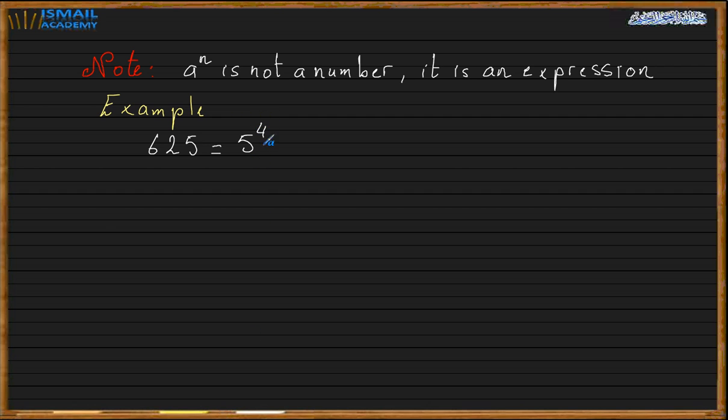So 625 is the fourth power of 5. You see, instead of writing this out, which takes me like 3 spots, this takes me only 1 spot, and we have an index above, which is 4, the exponent. So the value of that power is 625, but this is how we denote that power.